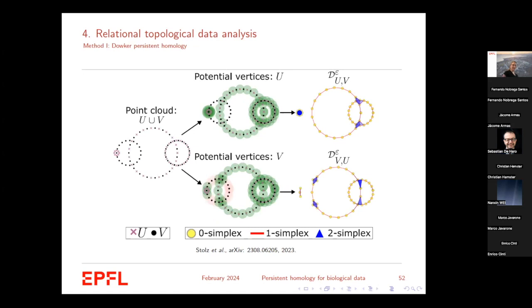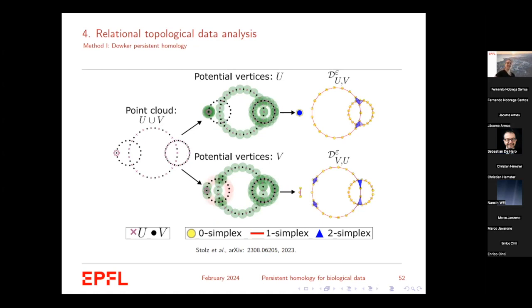In the first method, which is Dowker persistent homology, based on the Dowker complex, if you have two different types of points, say U and V represented by these dots and crosses, then you can choose one of the points as being your potential vertices for a simplicial complex.